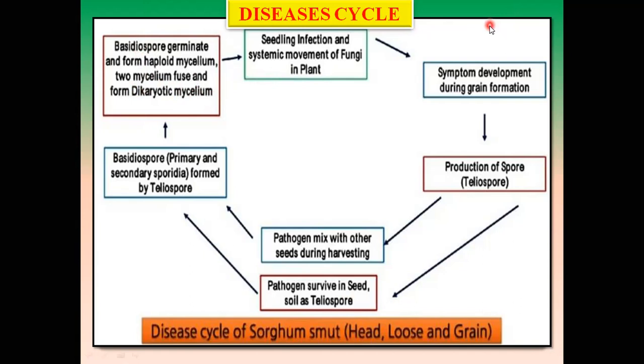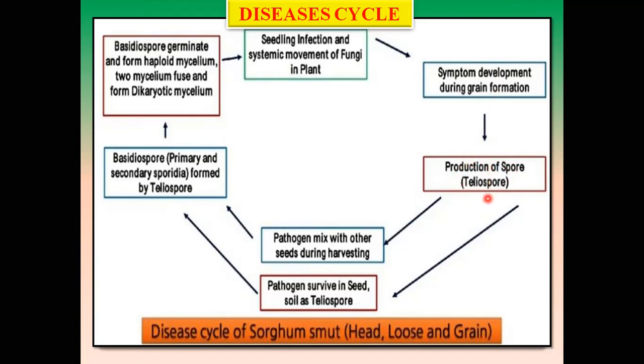So these developing grains become infected and develop the smut spores, meaning a blackish spore mass is developed inside these infected grains. Actually teliospores are produced, meaning sporidia is produced.